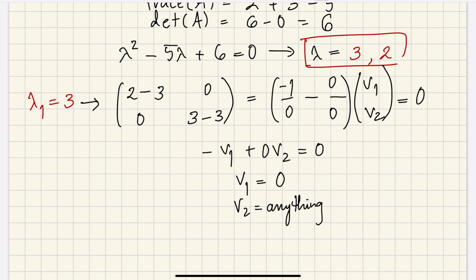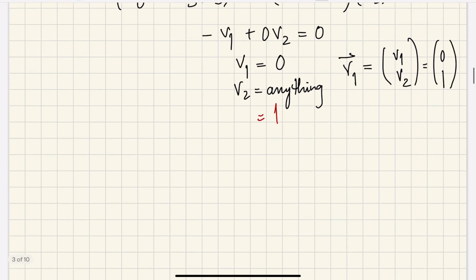It has no limitation or restriction. We don't want to assume v2 to be 0 because that will give us a trivial solution. So we'll just let it be 1. So our first eigenvector is [0, 1].